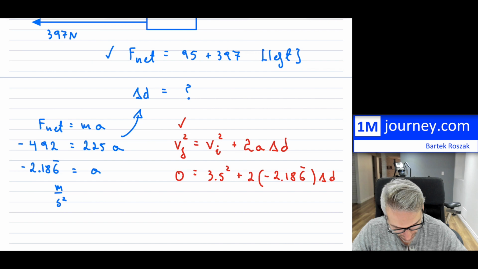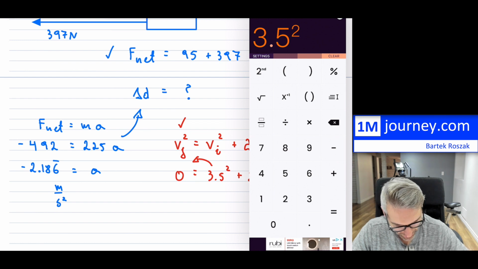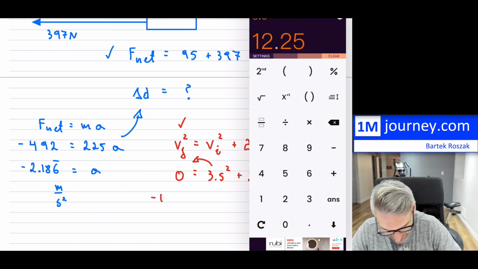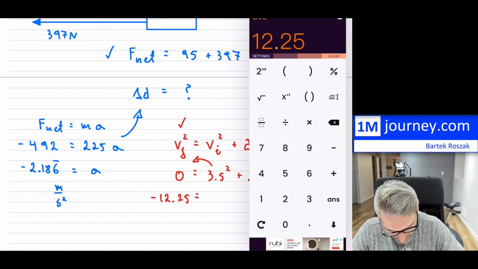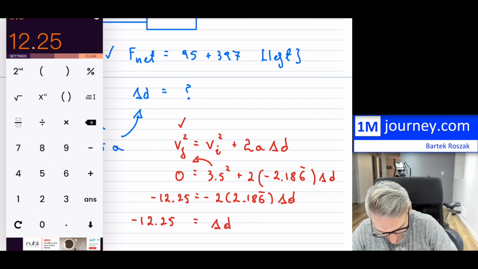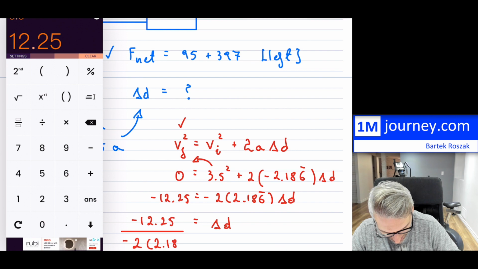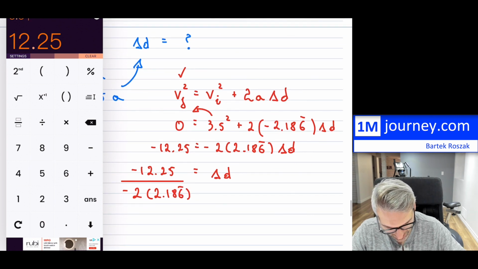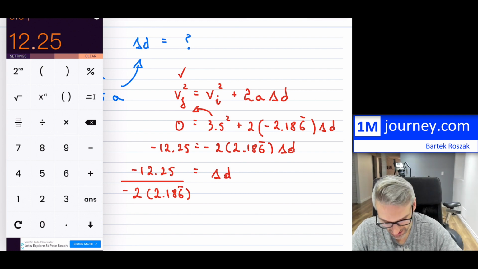So let's take a look. Now I'm going to bring this over to the other side. The 3.5 squared gets over on the other side, so that's negative 12.25 equals negative 2 times 2.186 delta D. So my delta D is going to be negative 12.25 divided by negative 2 times 2.186, etc. So I can obtain my displacement here.